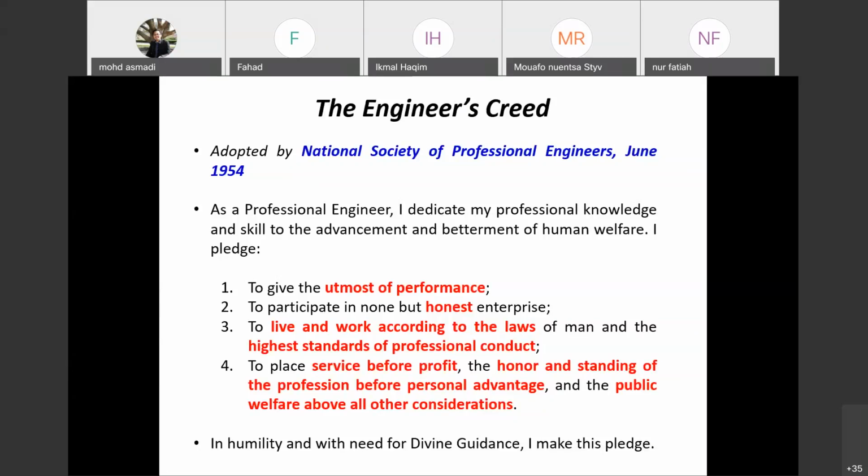If you look at here, I dedicate my professional knowledge and skill to the advancement and betterment of human welfare. Live and work according to law.